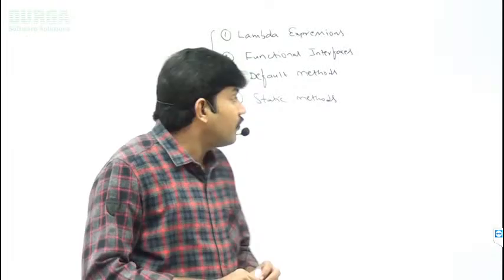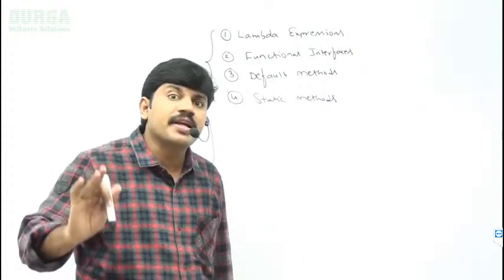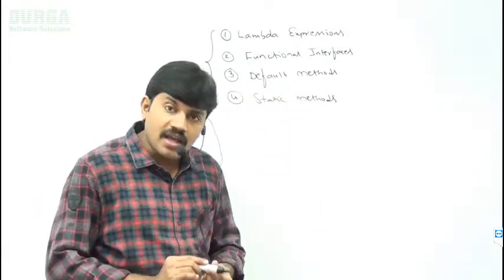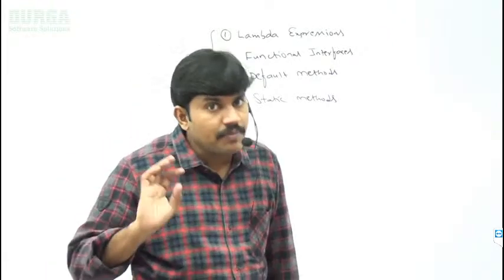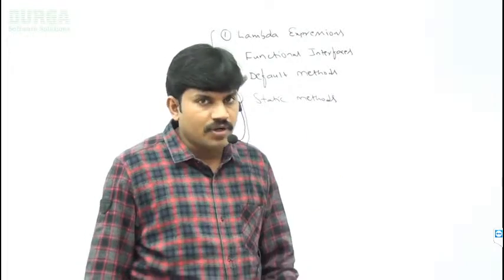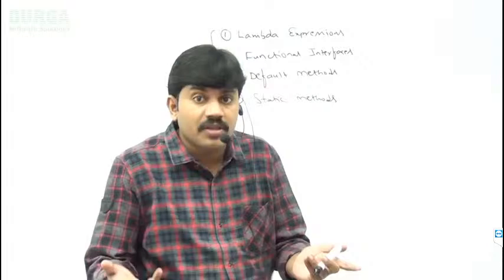But from 1.8 onwards we are allowed to define default methods inside an interface. These default methods have an implementation; it's a concrete method, but with the default keyword. I hope in the last videos I explained clearly the need and purpose of default methods.